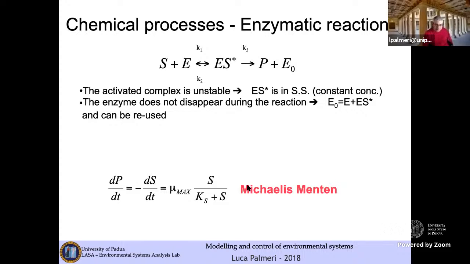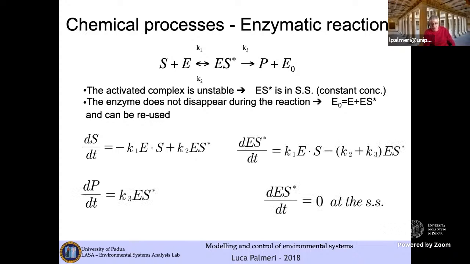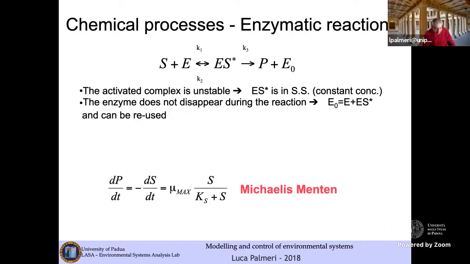In particular, we know, with some simple algebraic manipulation of these three differential equations plus the steady state conditions, we may write that the variation in time of a product P is equal to minus the variation in time of a substrate S, so it is equal to the consumption of substrate, and this may be typically described by a Michaelis-Menten model, in which we have a mu max, a parameter that we may call the maximum production of the product P, and mu max depends on the temperature, times this quantity, that is the concentration S of the substrate divided by Ks plus the concentration of the substrate.